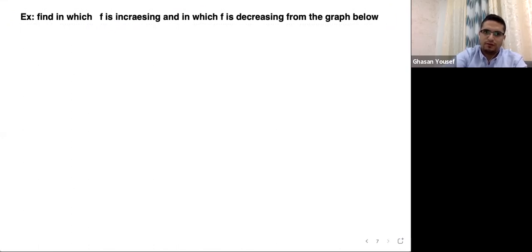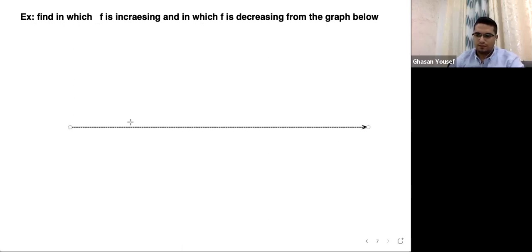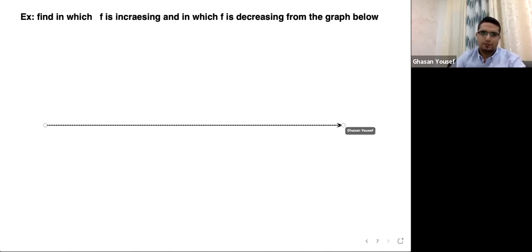So suppose my graph looks like this. Here's my x-axis. This is my y-axis. The graph looks like this.